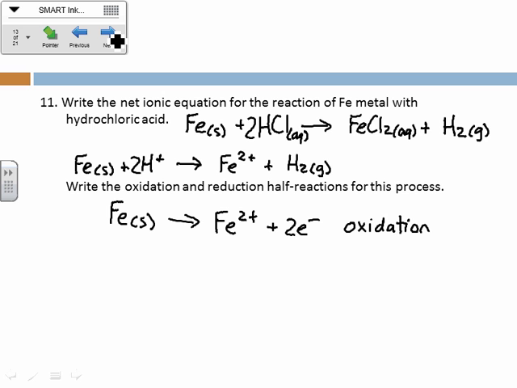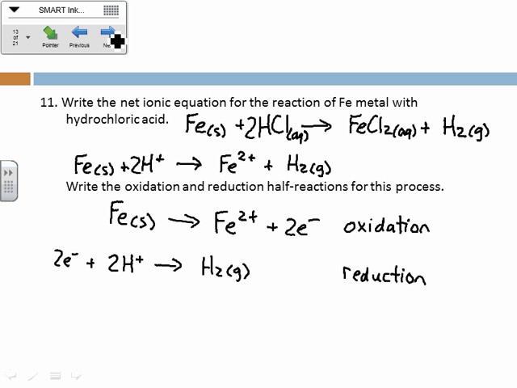And then my reduction half reaction would be 2H+ plus 2 electrons yields H2 gas. And again, you can tell based on where the electrons are placed, because this one's gaining electrons, since electrons are on the reactant side, this is going to be a reduction. Okay, so hopefully that makes sense to you.